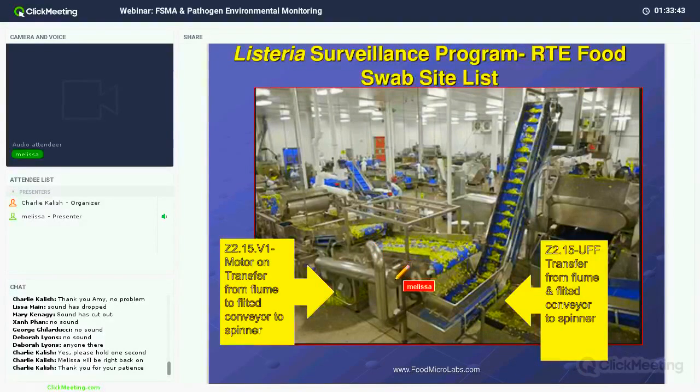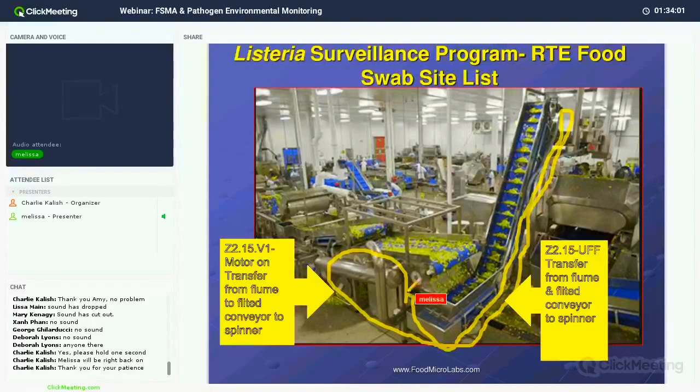It's really zone 2 adjacent, underside frame footing, right? So it's going to be a wide composite of all this and all this under here and under here, but not food contact surfaces themselves. We're staying away from food contact and we're sampling a big wide sample of adjacent.